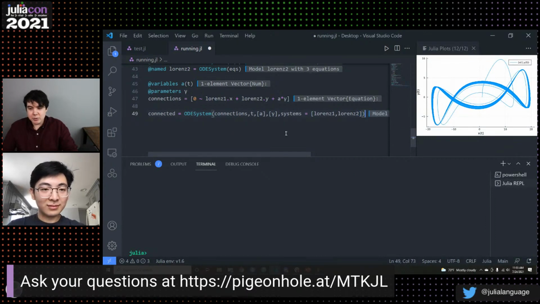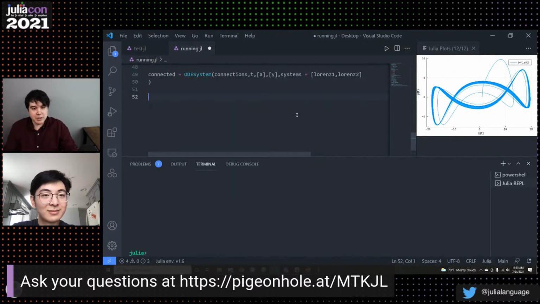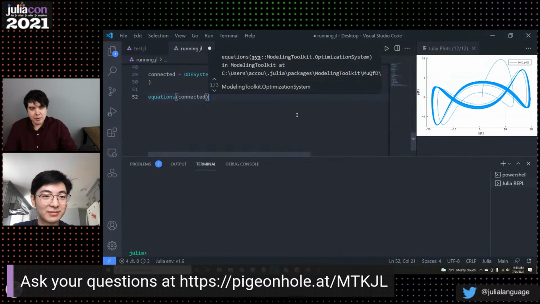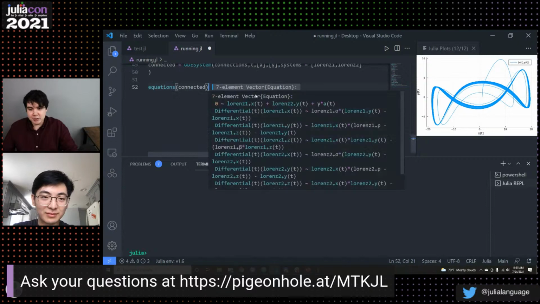And what this will do, let me drop this down, is create the set of 7 equations where I have one Lorenz system and a second Lorenz system and my added variable in here. The full set of equations of the connected system is these two systems together.